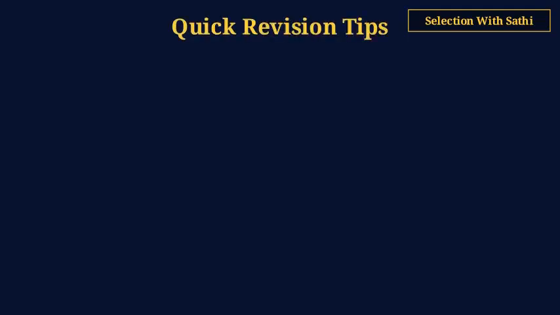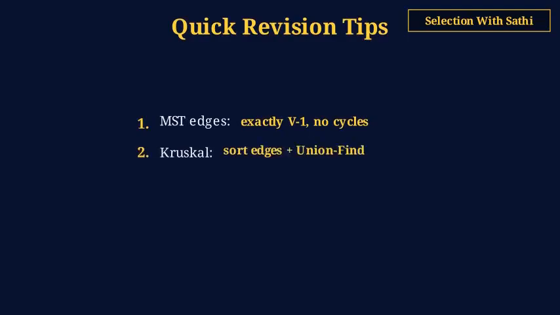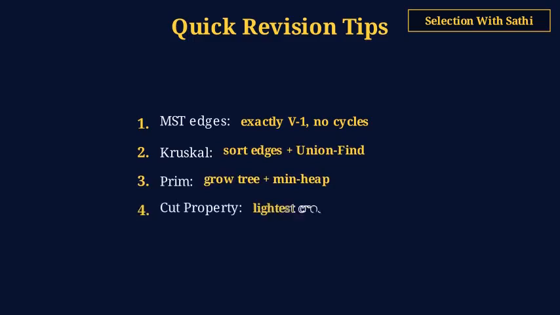Quick exam tips. First, greedy works for MST because of the cut property. The lightest crossing edge is always safe to pick. Second, use Kruskal's with disjoint set union using path compression and union by rank. This gives near linear time for the union find operations.